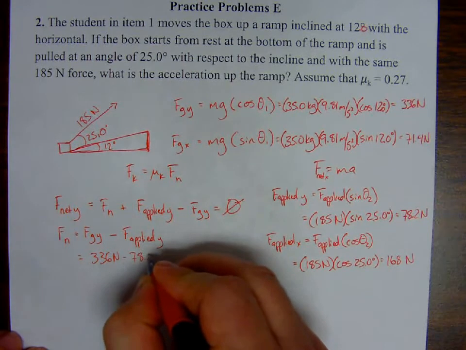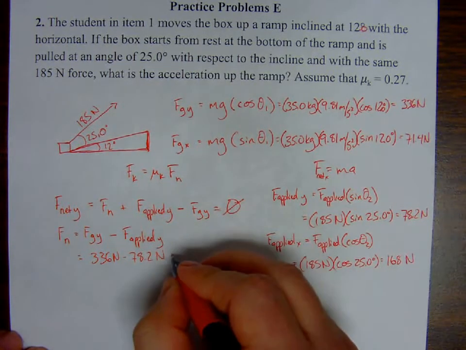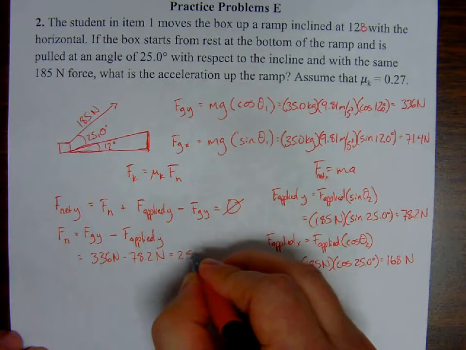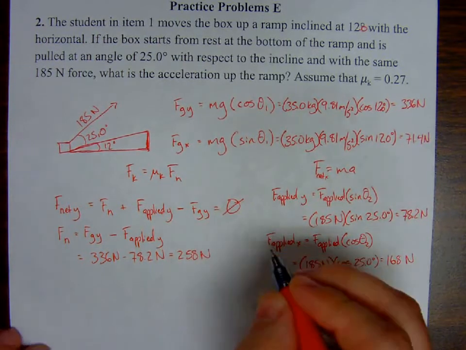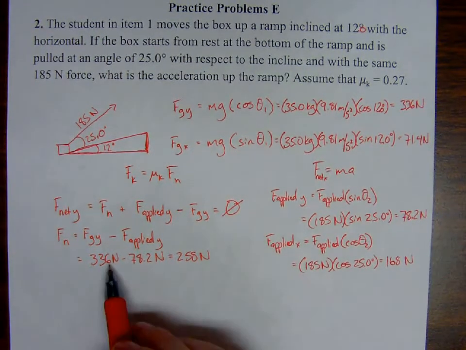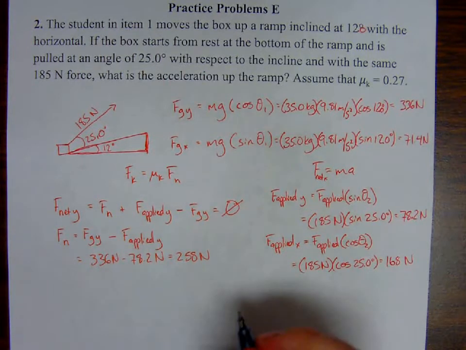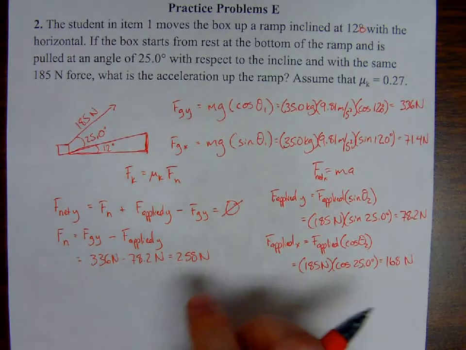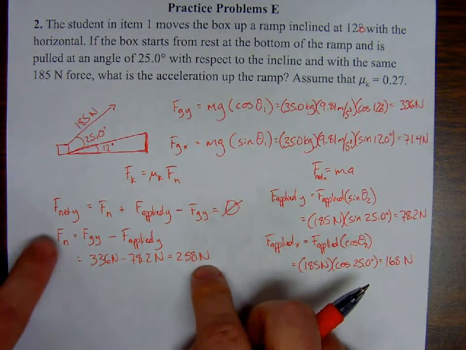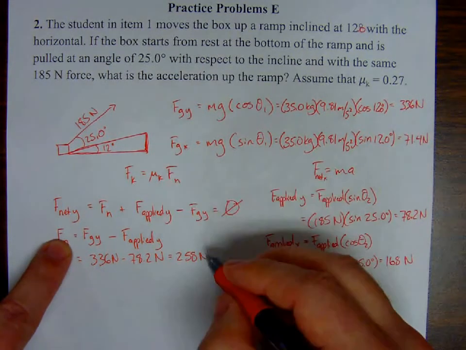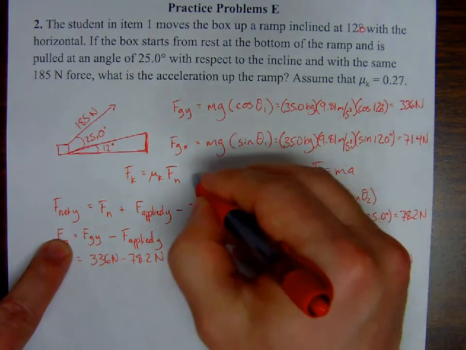I need 2 sig figs there, so I guess I just go 70. Is that right? 70 newtons for the force of kinetic friction. Yeah, that should be right.